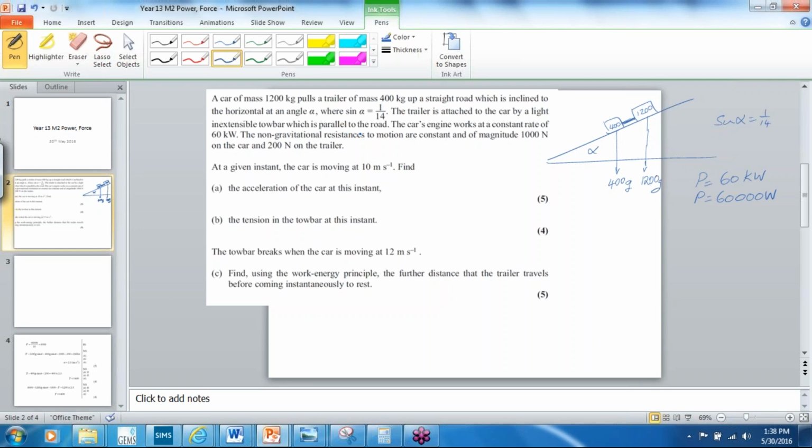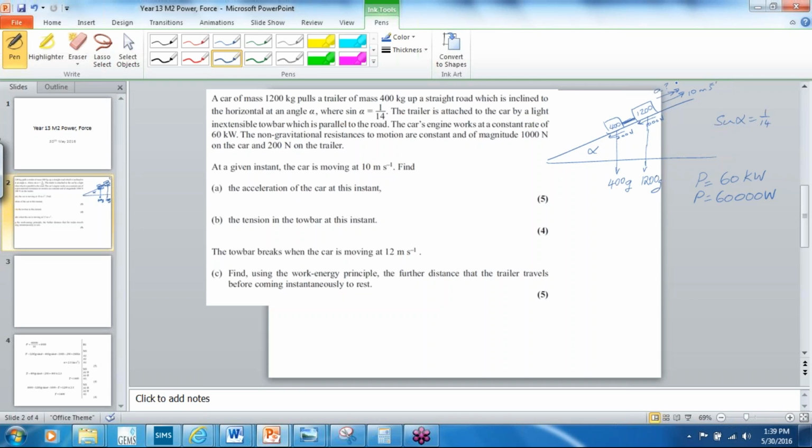The non-gravitational resistances to motion are constant and of magnitude 1,000 newtons on the car and 200 newtons on the trailer. At a given instant, the car is moving at 10 meters per second. What is the acceleration of the car at this moment?